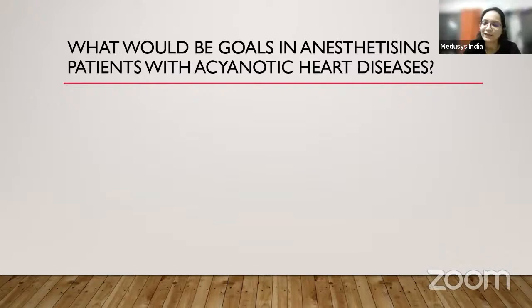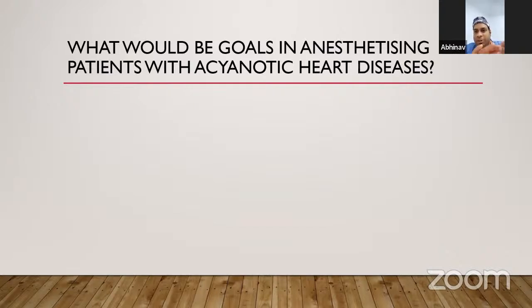So if you are dealing with a patient with a cyanotic heart disease, what would be your anesthesia goals? We know what our concerns are. So what are the goals if we anesthetize such patients? Since these patients have a left to right shunt, as we just mentioned, we won't like the SVR to fall too much.